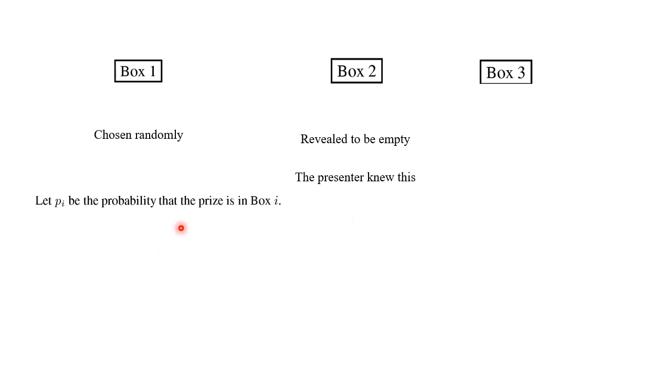So just to formalize this, let Pi be the probability that the prize is in box i. So before the presenter gives you this choice, P1 and P2 and P3 are all a third. The prize is equally likely to be in any of the boxes.